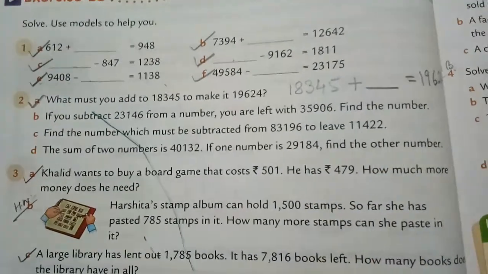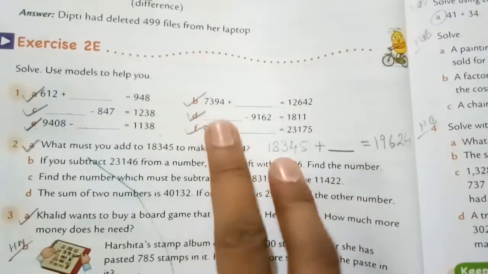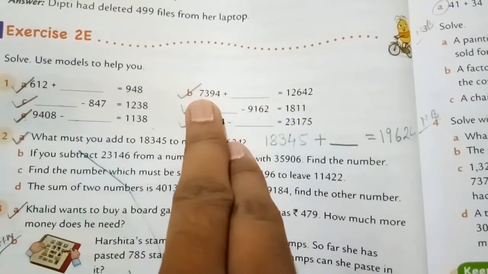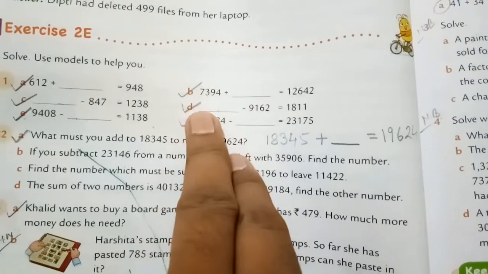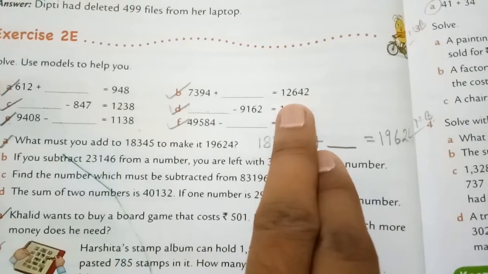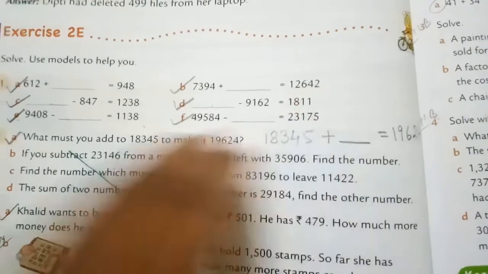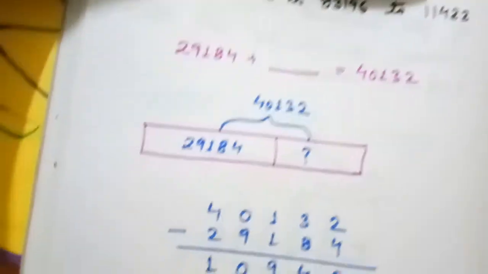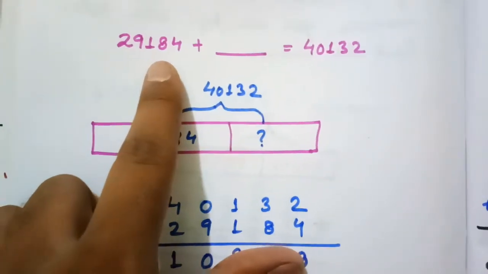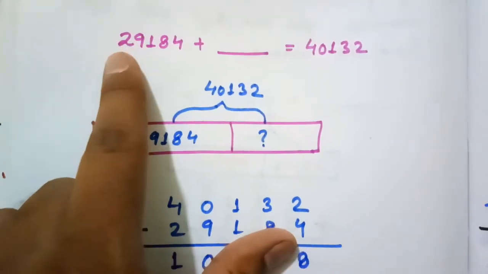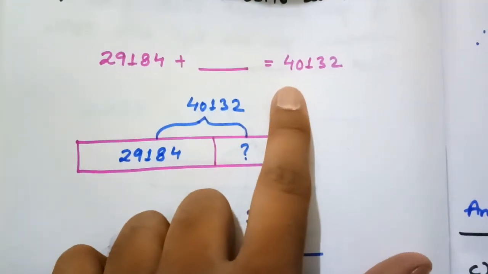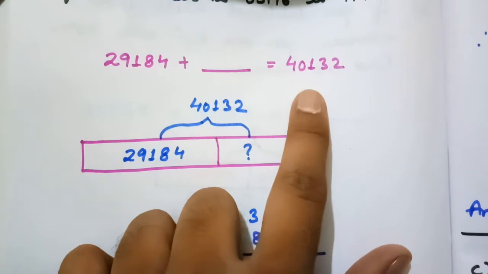So this is the question, the very same like B. One of the addends is given, but the other is missing, and the sum is also given. Fine. So the solution will be like this: 29,184 is one of the addends, the other addend is missing, and the sum 40,132 is also given.